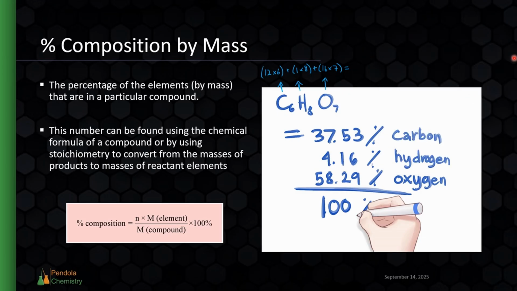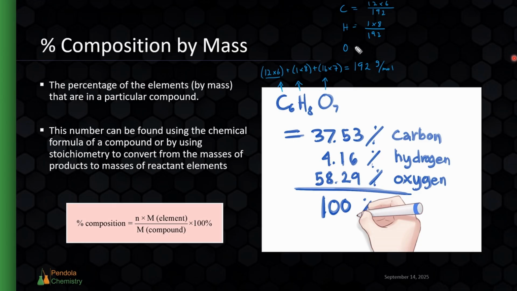So we have here 192 grams per mole is the molar mass of the compound. I want to know the mass of carbon. All I have to do is 12 times 6. So carbon will be 12 times 6, the molar mass of the carbon times the number of carbons, divided by 192. If I wanted to know hydrogen, I would just do 1 times 8, again, molar mass of hydrogen times 8 hydrogens in the compound, divided by 192, which is the molar mass of the compound.